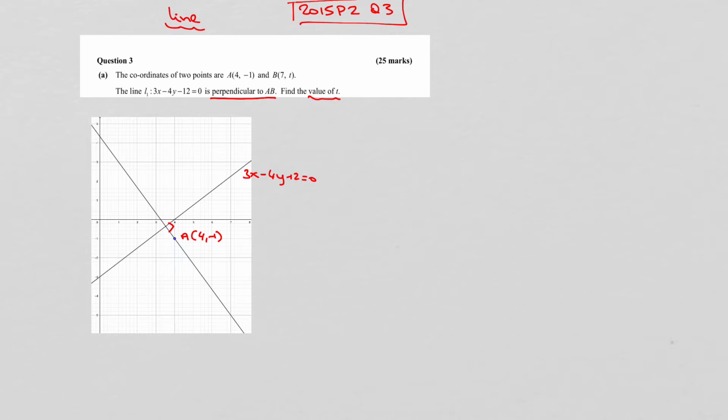So if we look at the line, first of all, 3x minus 4y minus 12 equals 0, then I can rearrange that to get y equals mx plus c. And therefore the coefficient of x when the coefficient of y is 1 will be our slope. But this has to be 1y, so you must divide across by the number in front of y if we're going to do that.